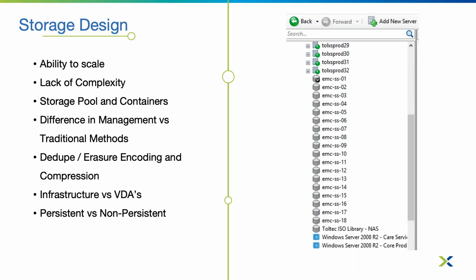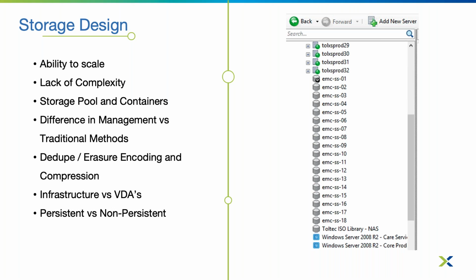You define containers on the storage pool, and then you put properties against the container. Jarian, do you just want to talk about the dedupe and the erasure coding around the storage containers? Yeah, the main thing here, depending on your workload, persistent or non-persistent, will determine what you set for the containers in the storage pool.